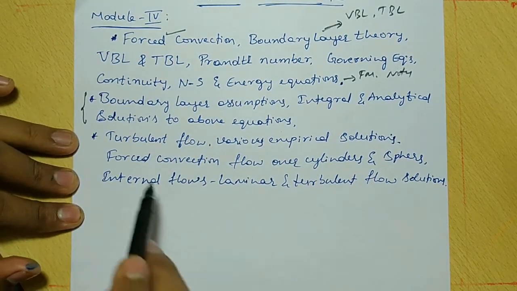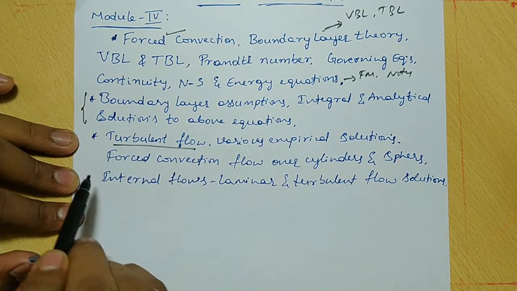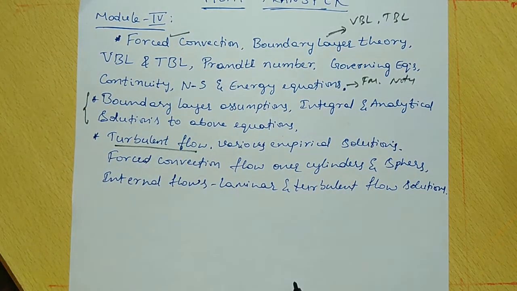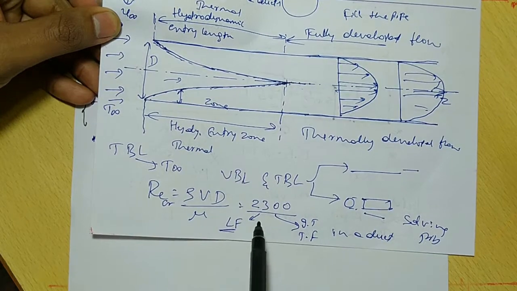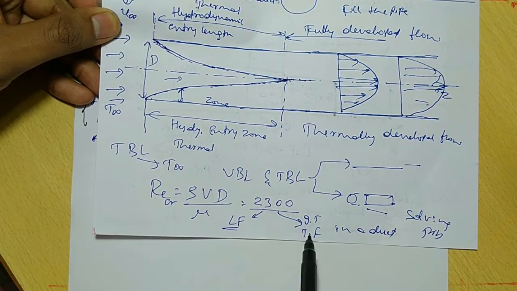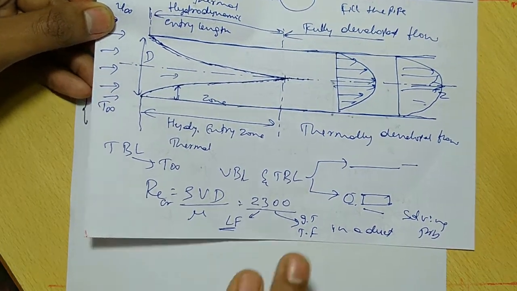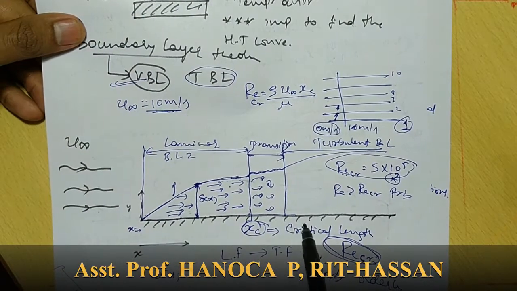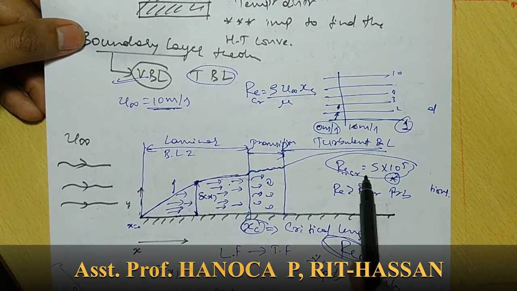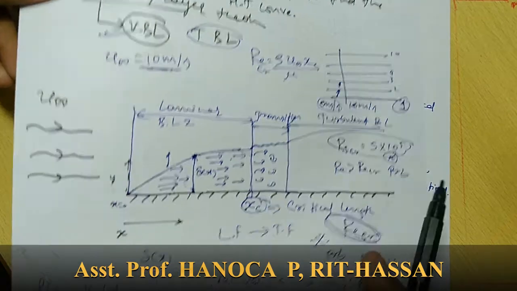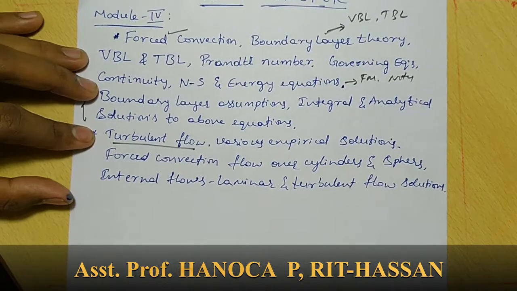The next is turbulent flow. Once again, turbulent flow we already discussed just now. If it is in a duct, if it is greater than 2300, that is turbulent flow inside a duct. If it is flow over a plate, if the Reynolds number is greater than 5 into 10 to the power 5, we consider it turbulent flow.